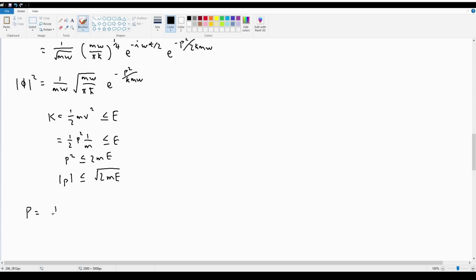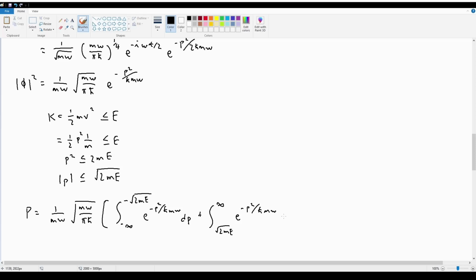P is equal to 1 over m omega times the square root of m omega over pi h bar, and then multiplied by the integral from negative infinity to negative root 2mE of e to the negative p squared over h bar m omega dp, plus the integral from root 2mE to positive infinity of e to the negative p squared over h bar m omega dp.